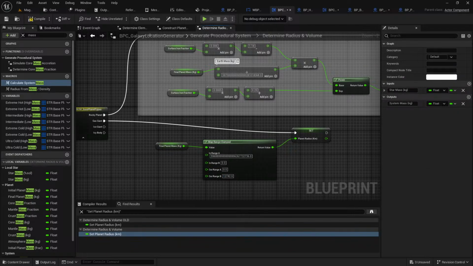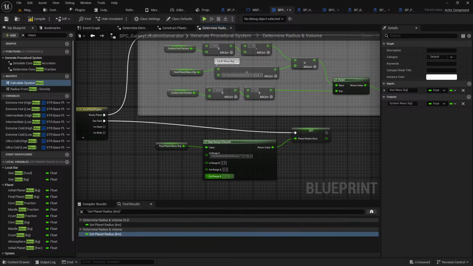And then the minimum radius, suppose we're looking at mini Neptunes, 1.6 times Earth.